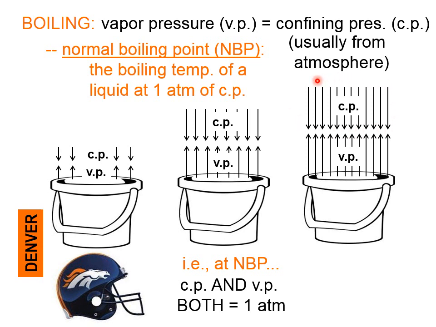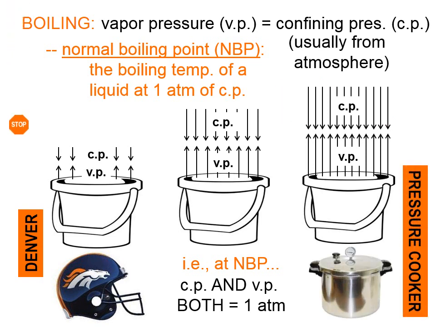That would be the type of situation we would have at very low altitude regions, the Dead Sea, for example, or what you have whenever you have a pressure cooker. With a pressure cooker, that confining pressure is increased well beyond the normal confining pressure, and for that reason, the water that you're heating and the food that you're cooking have to be heated to a hotter temperature than 100 degrees, and it cooks a lot faster.